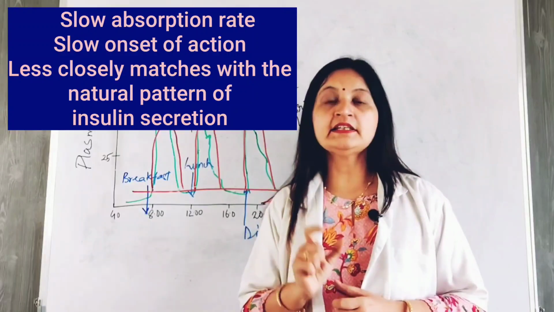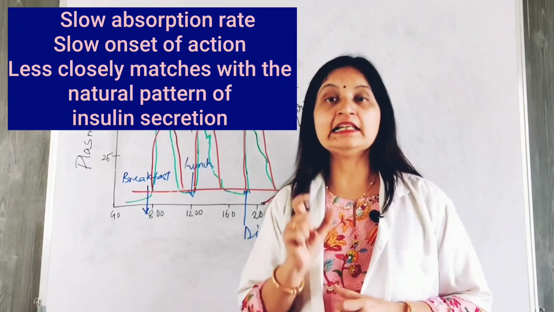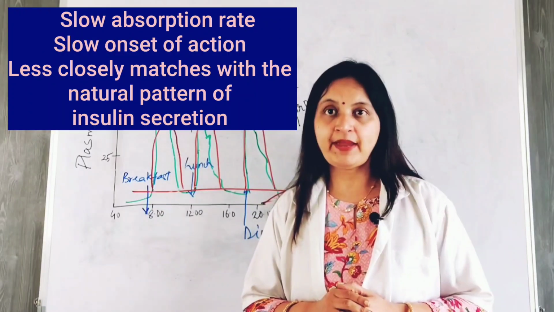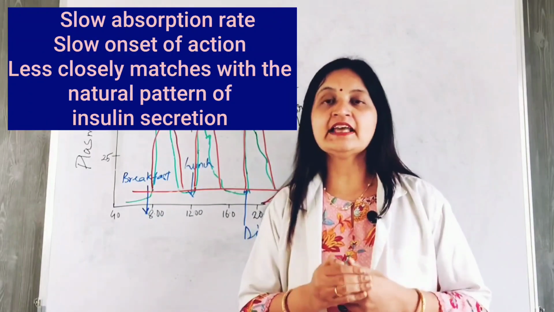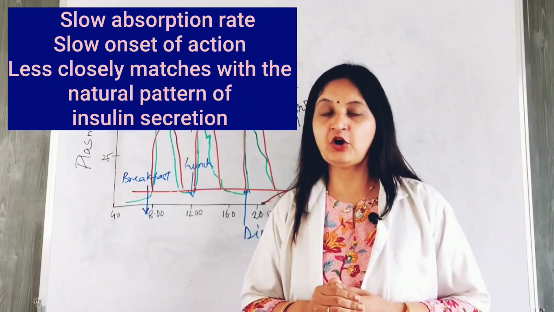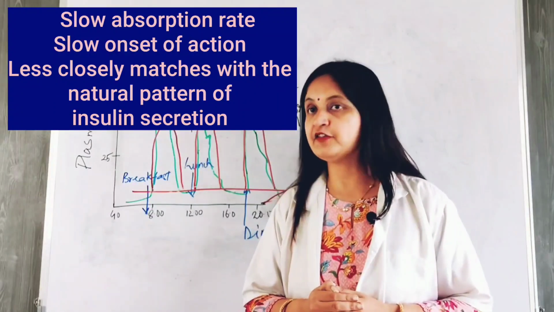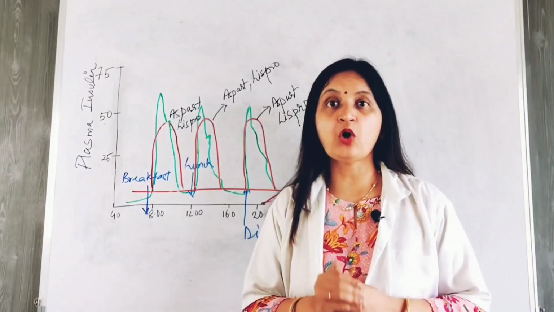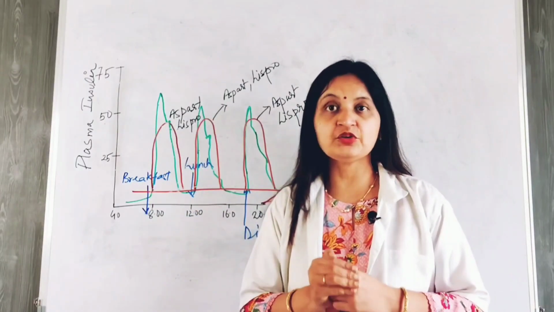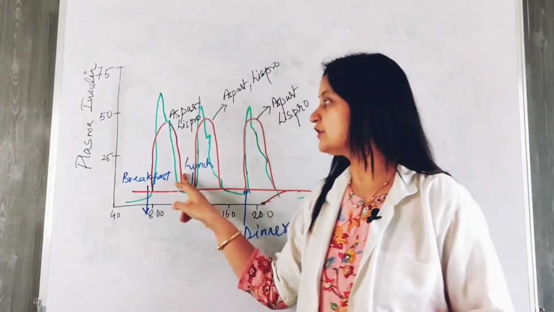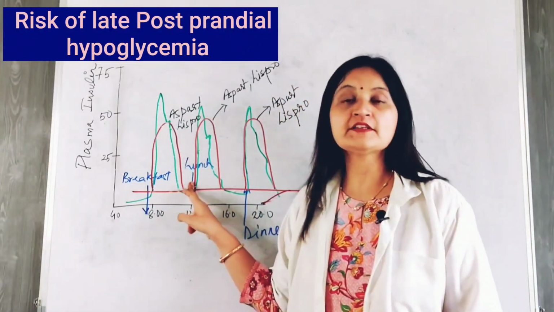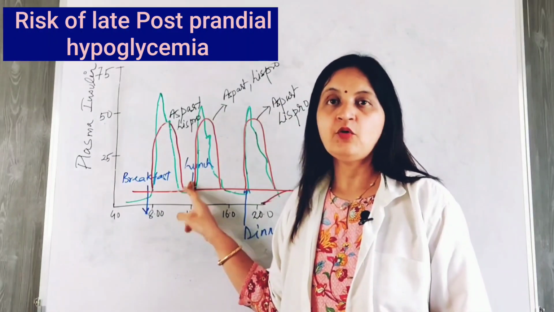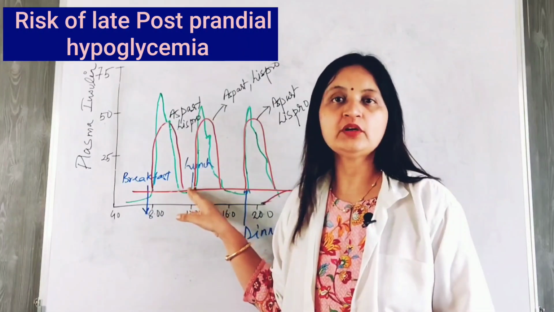Since it has a slower onset of action, it less closely matches the natural pattern of insulin secretion by the pancreas, and therefore it is less preferred compared to insulin analogs, which more closely mimic the physiological insulin secretion. Also, because regular insulin has a longer duration of action, about 6 to 10 hours, there is more risk of late postprandial hypoglycemia with regular insulin, which is less in case of insulin analogs.